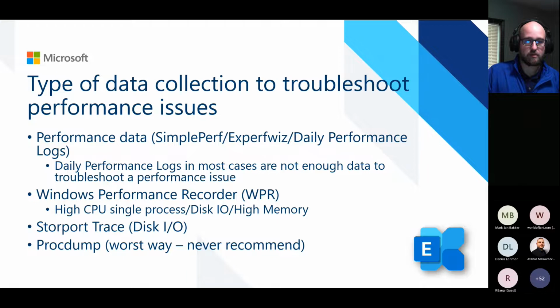The next type of data that's extremely useful to have is what's called Windows Performance Recorder, or WPR. This helps significantly when you're troubleshooting high CPU for a single process because it's able to provide the stack information down to the percentage of where we're actually spending our time within the stacks. It's also great for troubleshooting disk I/O issues.